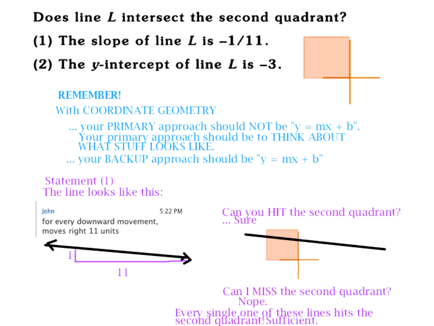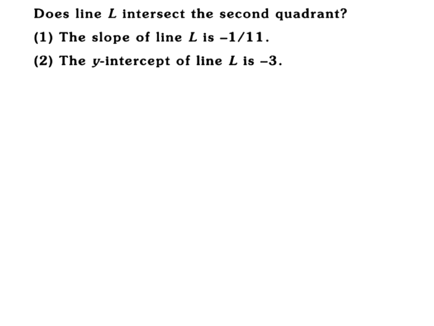So that means we are left with A and D. Let's talk about statement 2. Here's the problem on another page. Does line L intersect the second quadrant? Well, statement 2. Again, here's your coordinate plane.